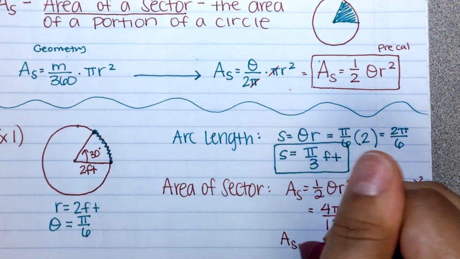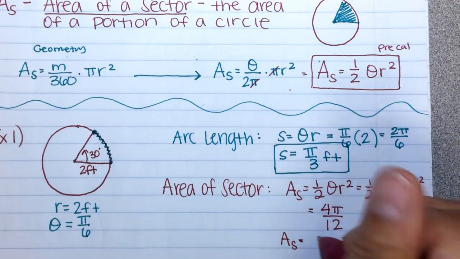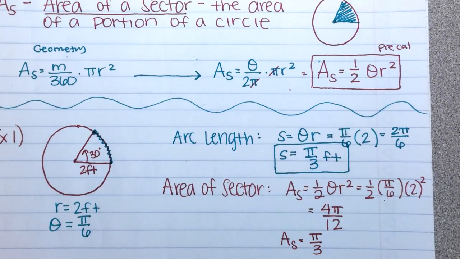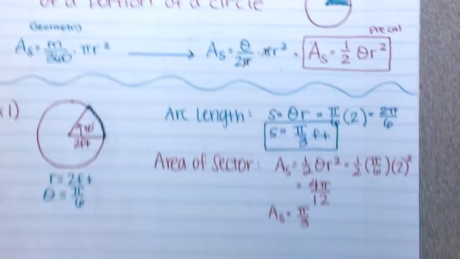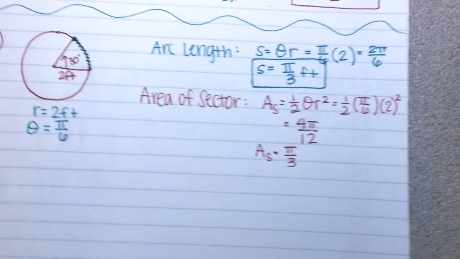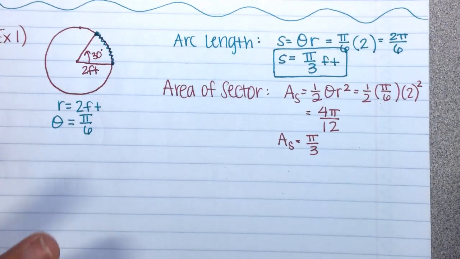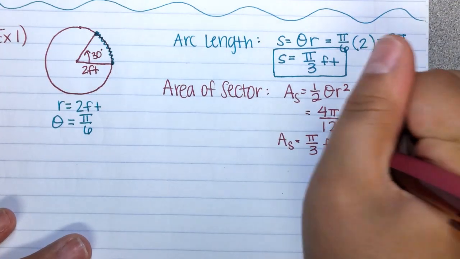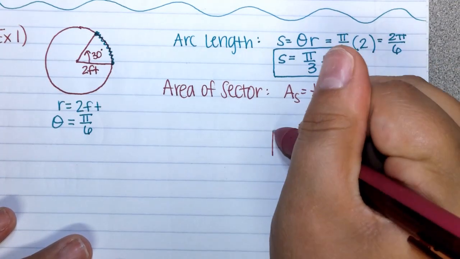What does that reduce to? Pi over 3. And what's my units this time? Say it louder. Feet squared, why? It's area.